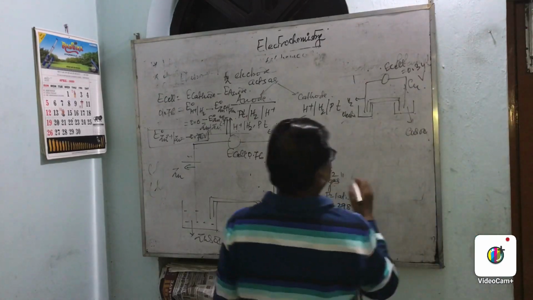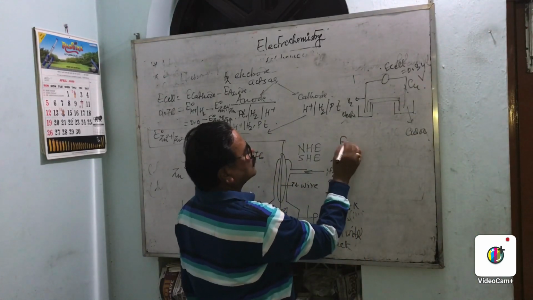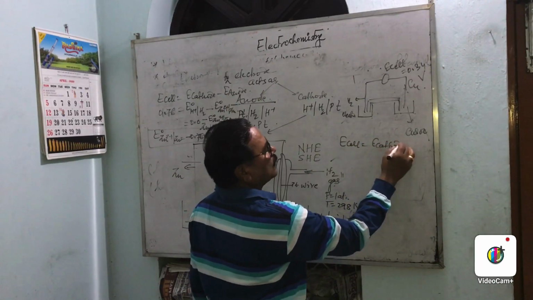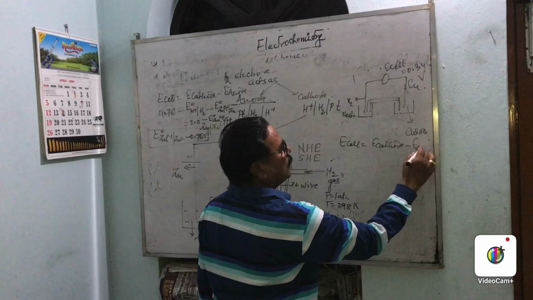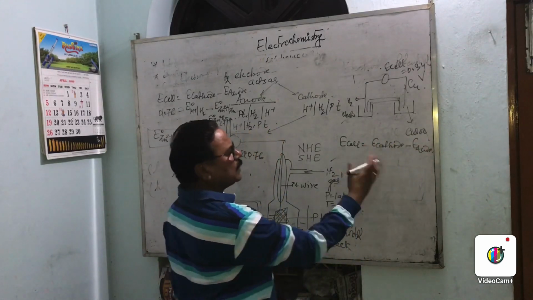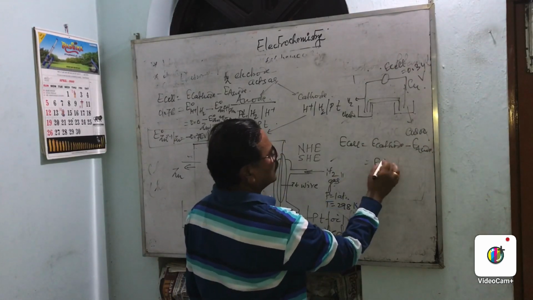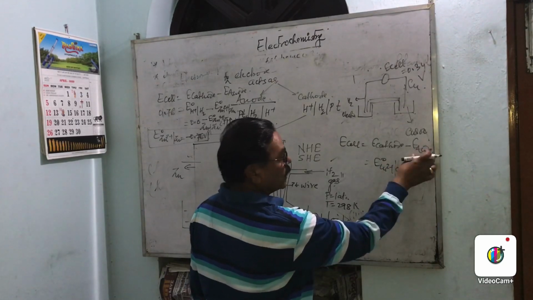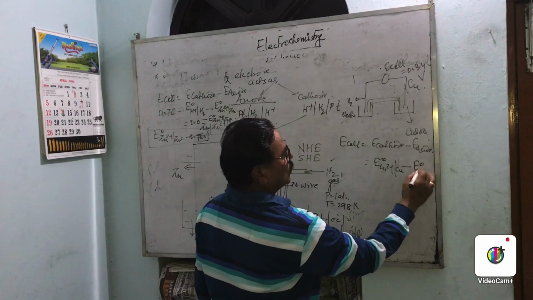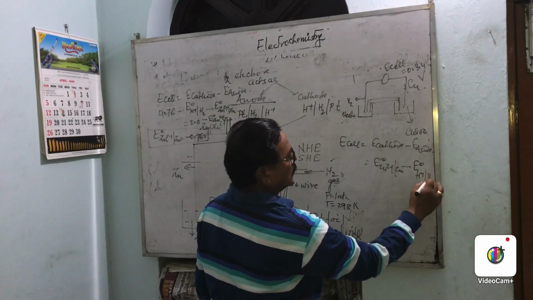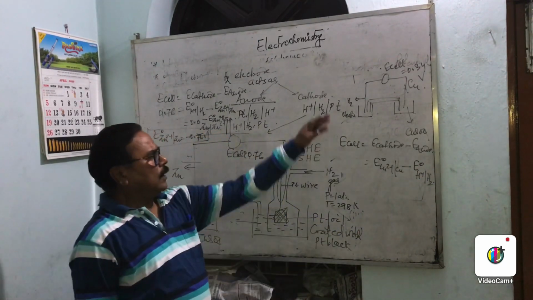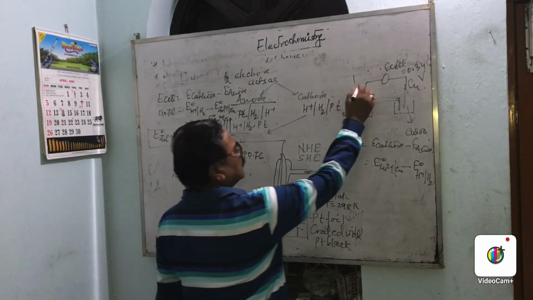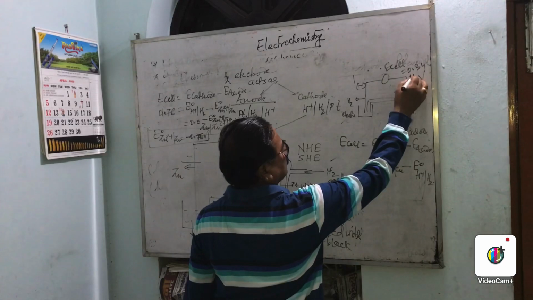Then what will happen? We write here E cell equals E cathode minus E anode. So what will happen here? This is in the cathode side, E0 copper 2 plus, and this one is copper. And what is here? This is E0 H plus and this is H2. Because here this is the hydrogen that is on the left side, this is minus and this is on the plus.